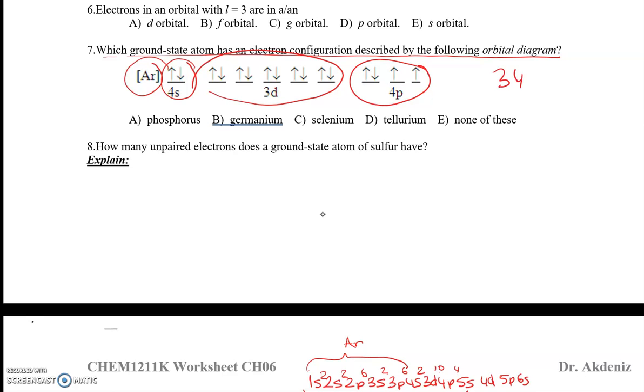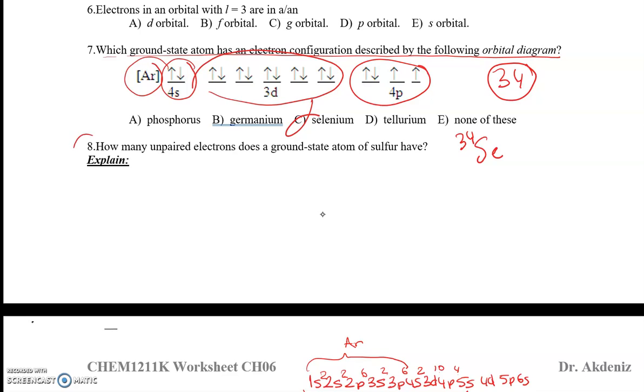So I'm looking for an atom with 34 electrons, and that's going to be selenium from the periodic table. Selenium has atomic number 34. So if an atom has 34 protons, it will have 34 electrons in its ground state. So that's going to be it.